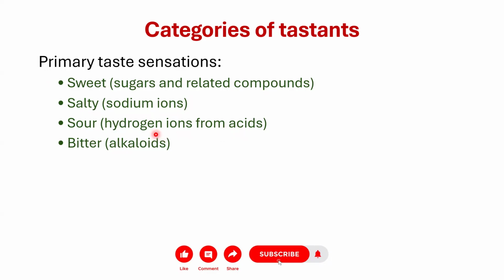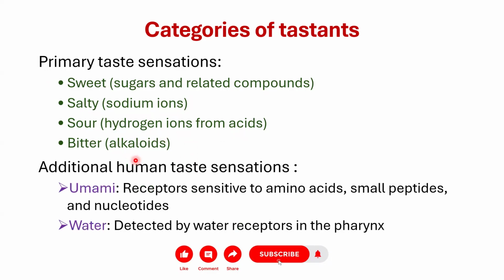Then bitter taste for foods that contain alkaloids, and then additional human taste sensations, for example, umami and water sensations. So umami are foods that contain amino acids, small peptides, and nucleotides. And then water is ideally water sensations from water being detected by water receptors in the pharynx.